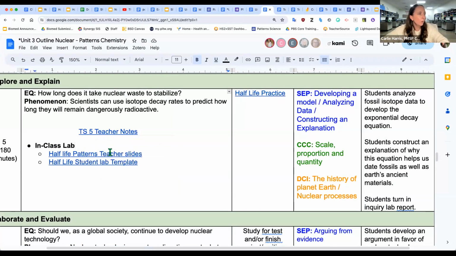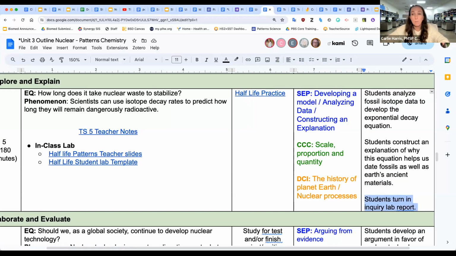So we've got the teacher slides, we've got the student template. Our goal is that they're analyzing that isotope data to come up with that exponential decay equation. They come up with an explanation of why, relating it to Earth's ancient materials, and they turn in their lab report. So really good experience for our students.